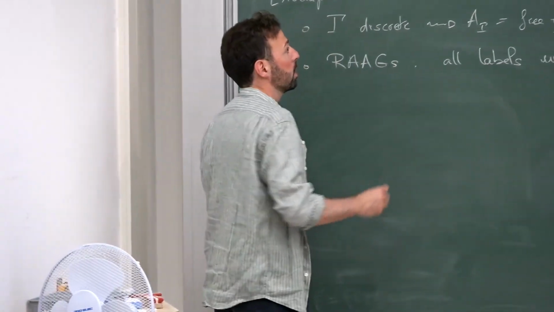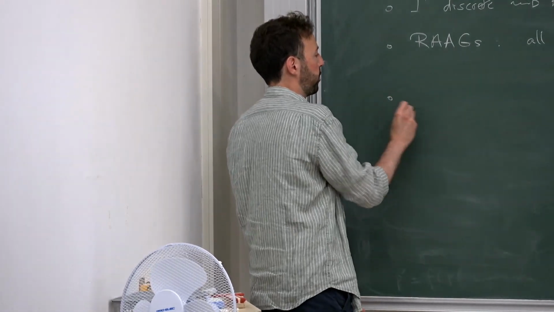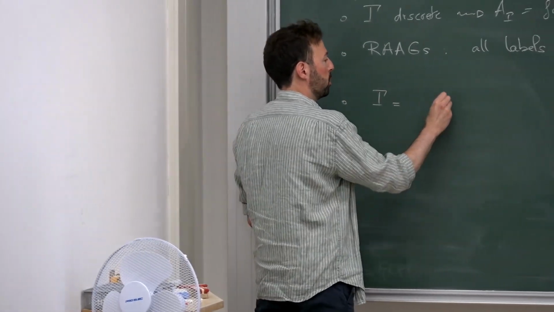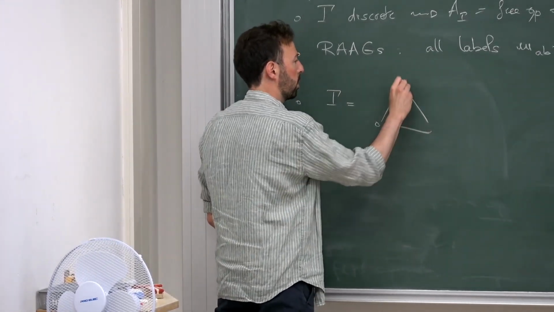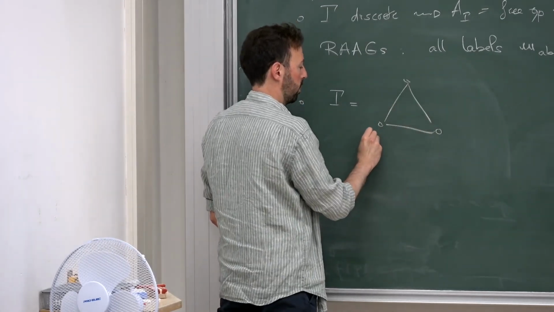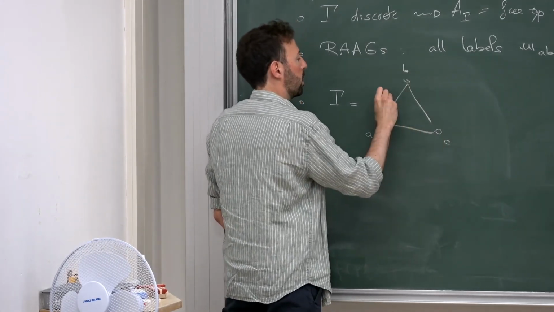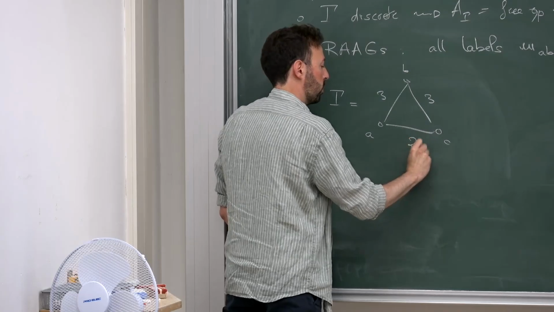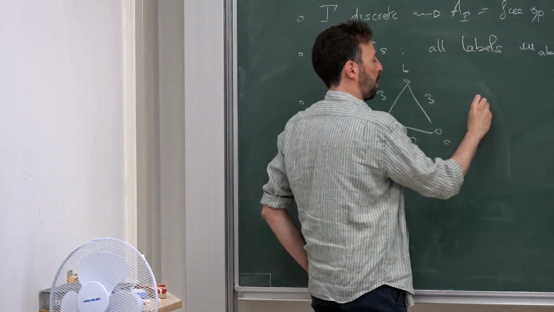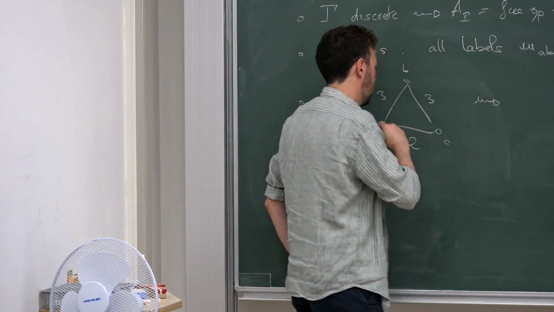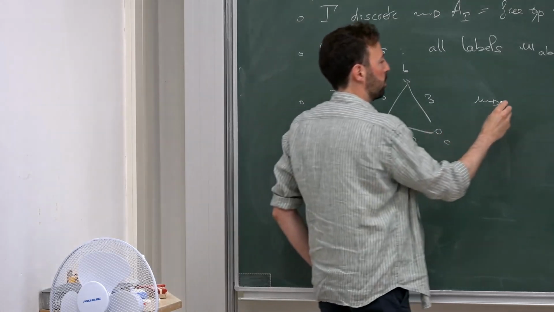And maybe to give an example that is not right-angled, let's say gamma is the following graph, so a triangle, with labels, let's say A, B, C, 3, 3, 2. So that's quite a famous Artin group.